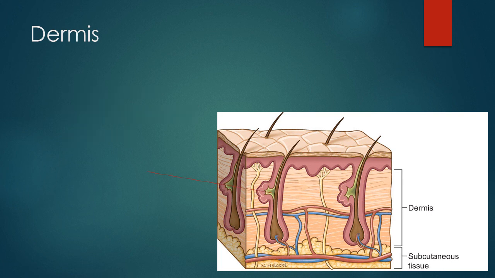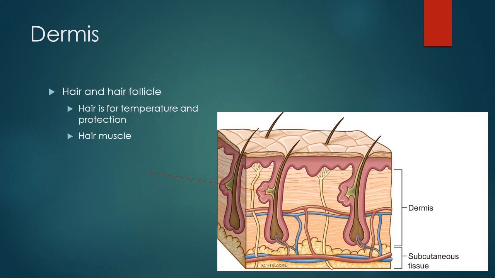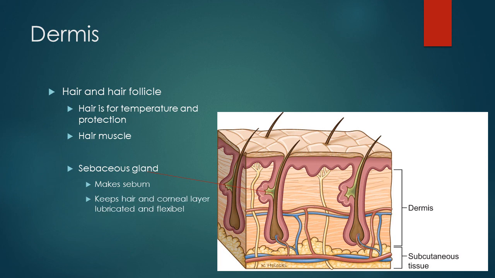Then added to the hair follicle is this little gland, as you can see. It's called the sebaceous gland. The sebaceous gland makes sebum. Sebum has a specific function. It keeps the hair lubricated and flexible.